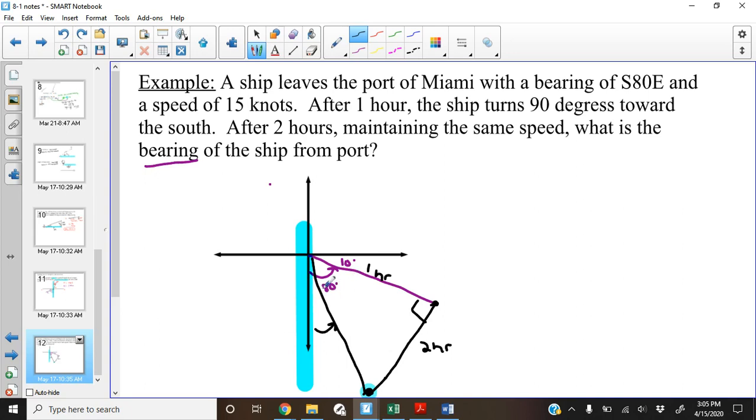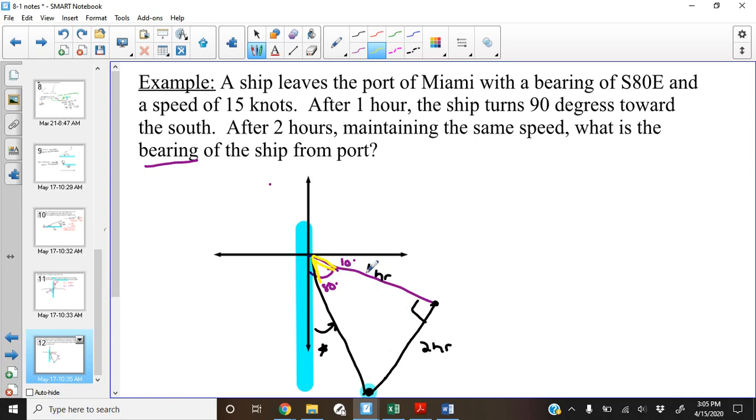Well, in order to find that angle, this is our goal, we first need to find this angle right here. It's not that full 80 degrees because that 80 degrees was from the south, right? So that was including this little part here. So we need to find this angle here.